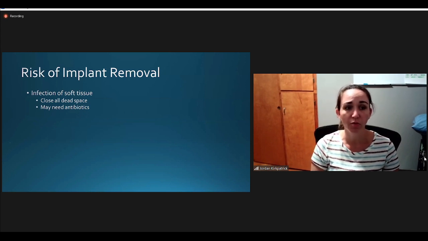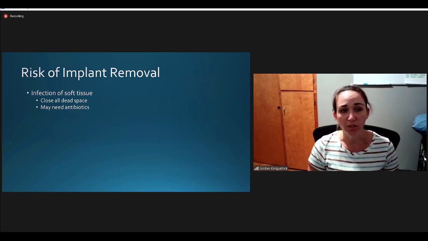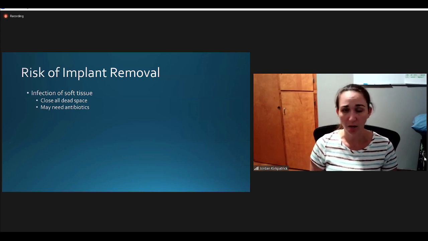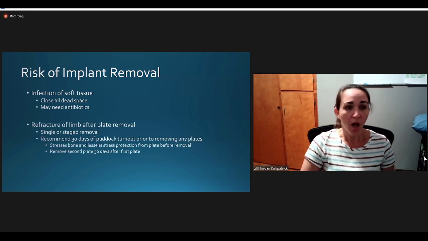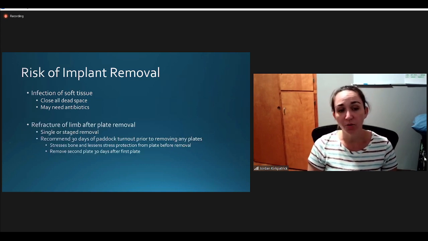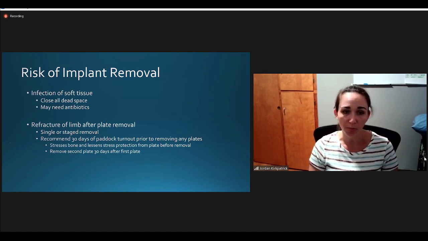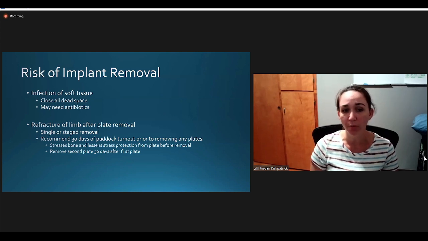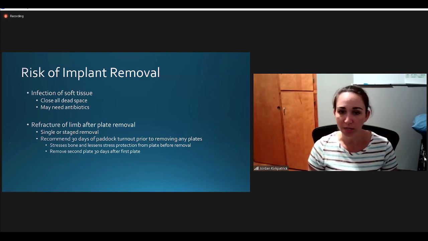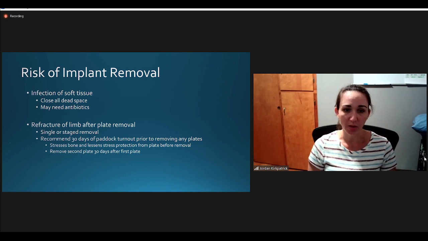Risks of implant removal: infection of the soft tissue, so you want to close all of the dead space. Sometimes you need to put them back on antibiotics after you remove the implants, especially if they're infected. There's a potential that they could refracture the limb after the plate removal. So when things are double plated, you can do what we call a staged removal, where you remove one plate and let them have 30 days of rest before removing the other.